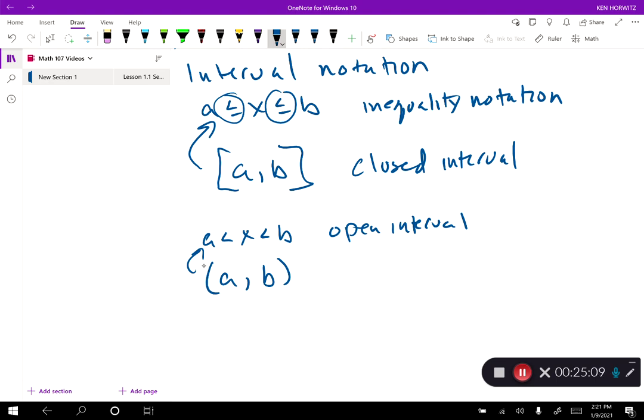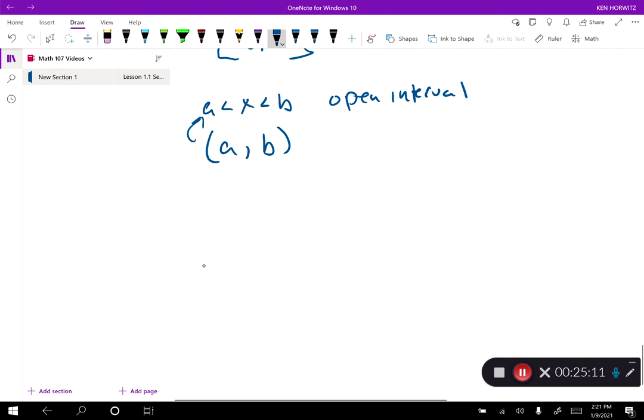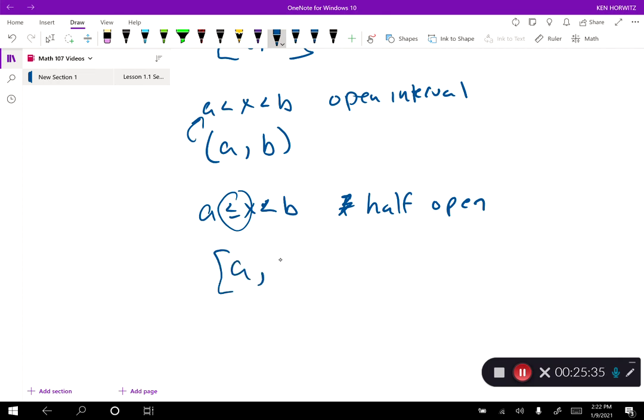Now the other option we have is that our interval could be half open or half closed, depending on your outlook. So I can have a less than or equal to x less than b. And this is called half open, where because we have the or equal to, I can put the bracket for my a, but I don't have it here, so I put the parenthesis.